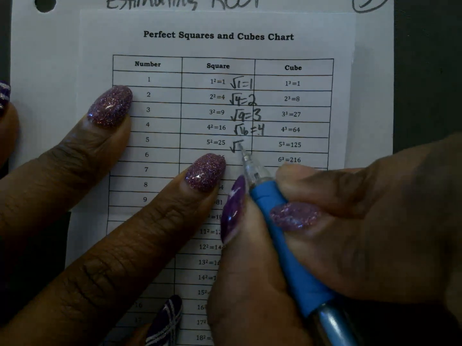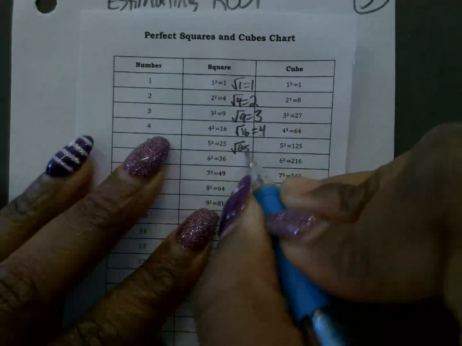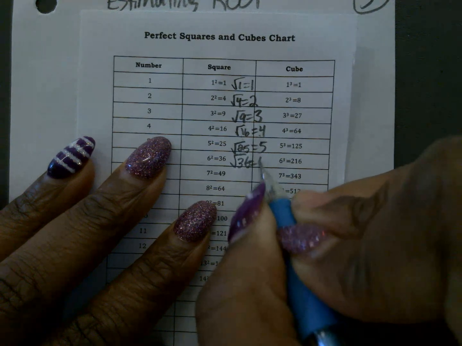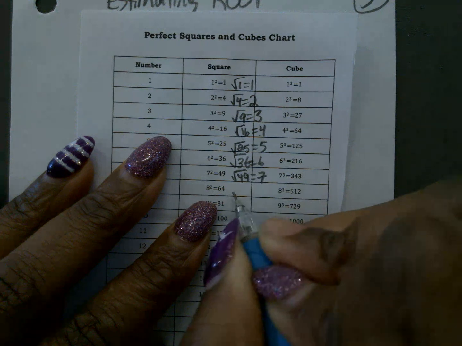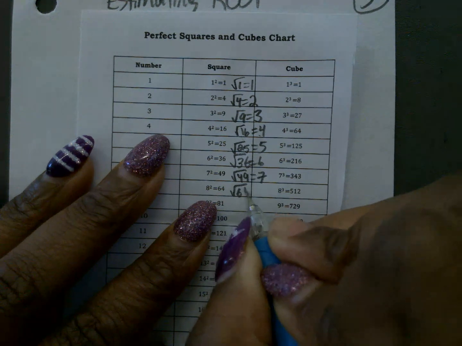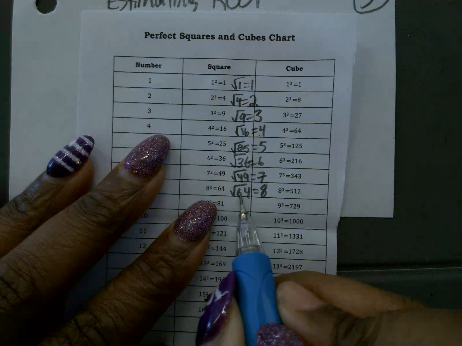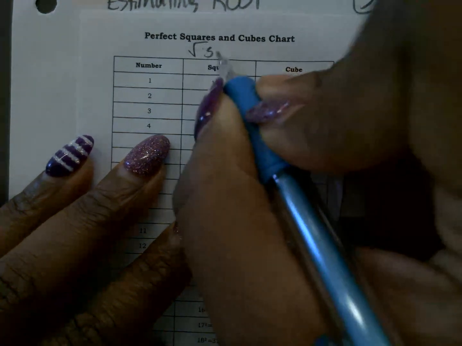The square root of 25 is 5. The square root of 36 is 6. The square root of 49 is 7. The square root of 64 is 8, because 8 times itself will give you the number under the radical. This is the square root symbol.